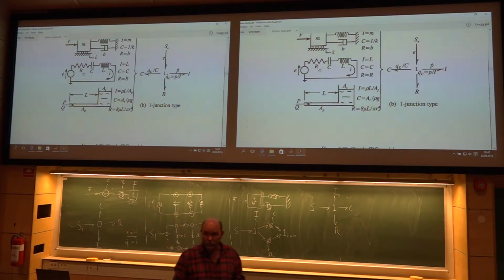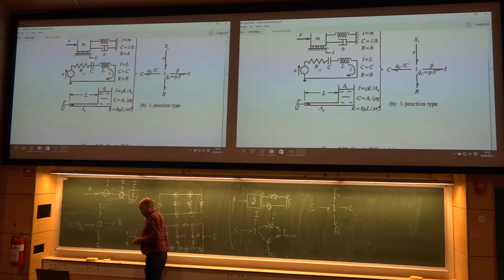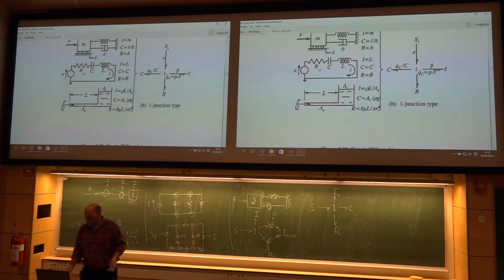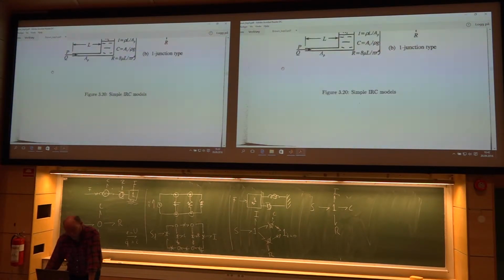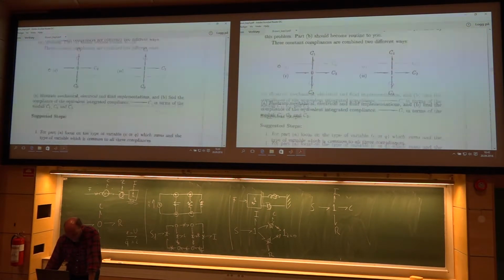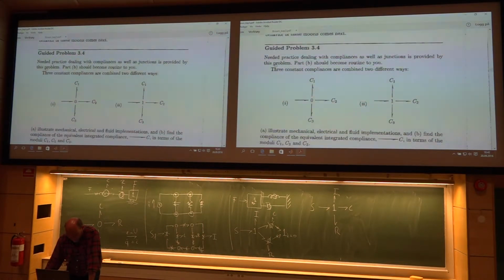Any questions? You will get better at handling these when you get some more training, more exercise. Exercise 3 is going to be a pure mechanical problem.